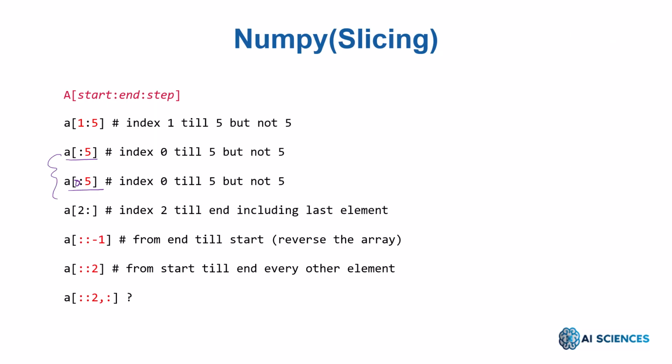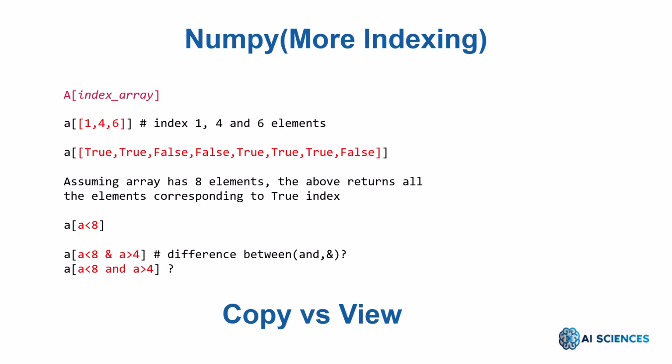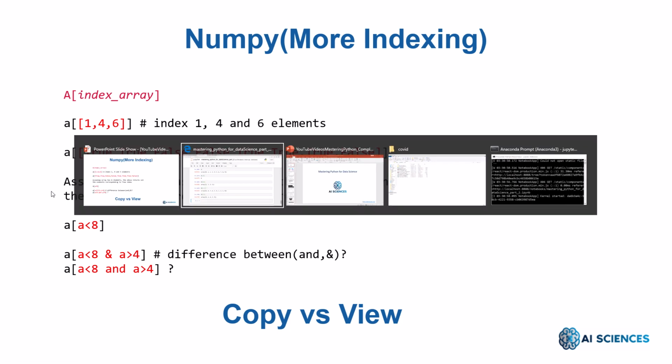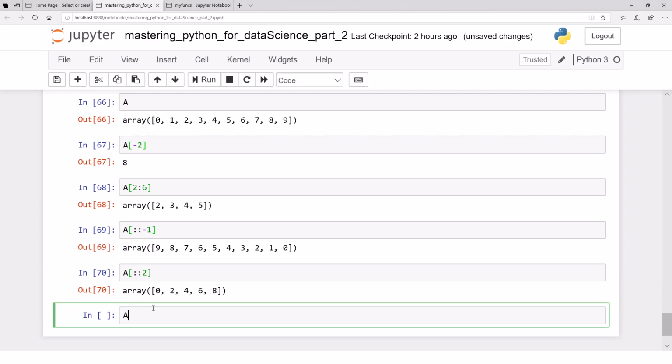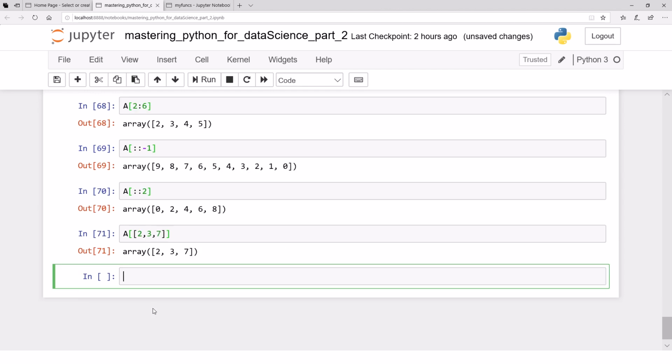So we can have much more indexing. This is called slicing. And there is more indexing, sometimes called fancy indexing. NumPy allows you to give an array as an index rather than just giving a slice. You can just give the indices that you're interested in. For example, if I want to pick index number 2, index number 3, and index number 7, these elements will be picked.